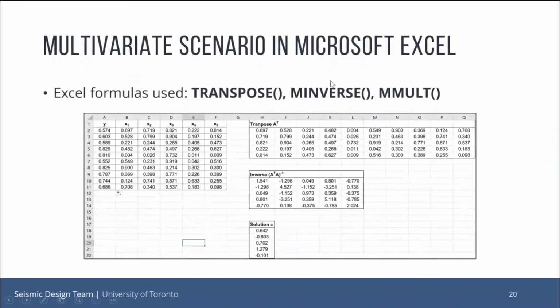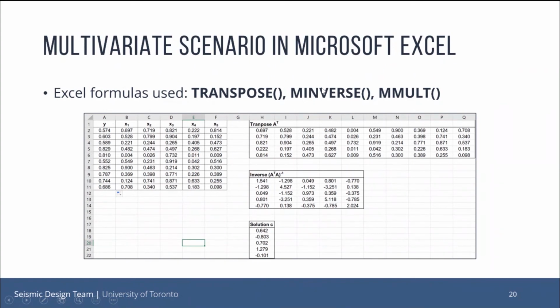And actually, yeah, here is the implementation in Excel. And if you want to do that, there's luckily a couple of functions you can use. There's the transpose function, which rotates this grid 90 degrees. That turns all of the rows to columns.